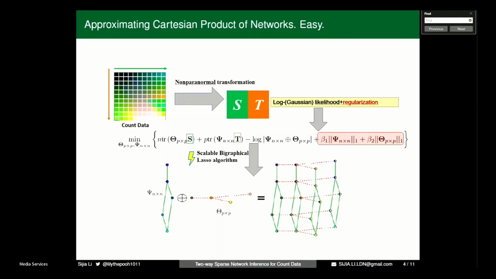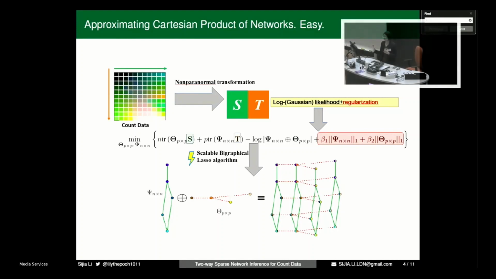So we do a nonparanormal transformation. Basically, it takes the Kendall's tau of the dimension of rows and the Kendall's tau of the dimension of columns, and that extracts the information from both directions.